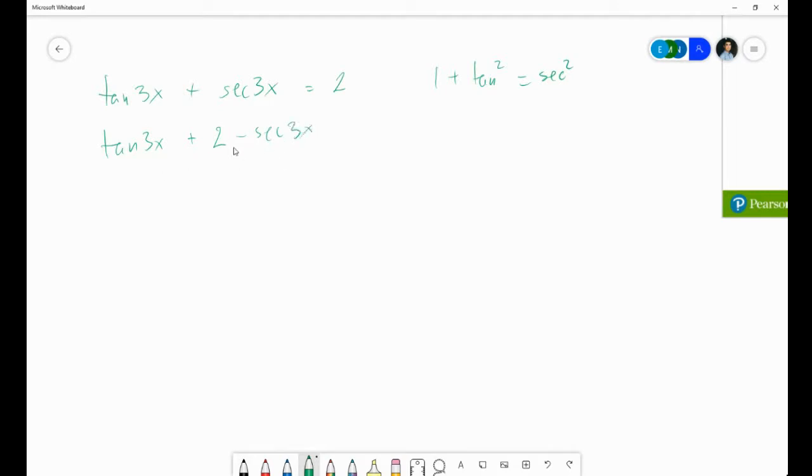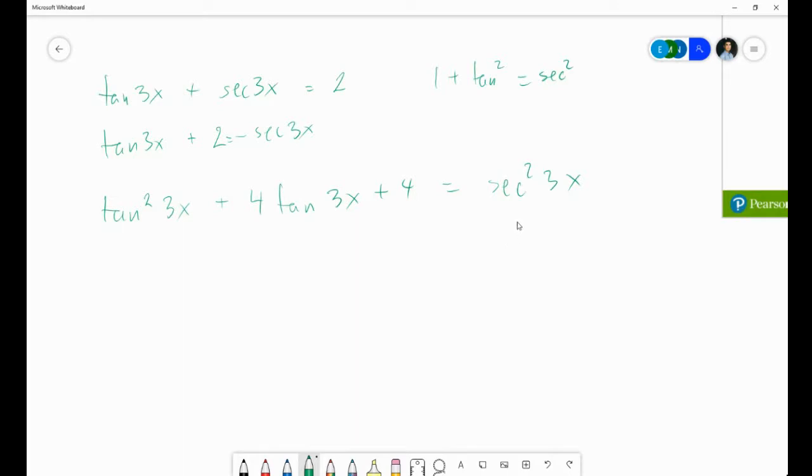And now we can square both sides. So this becomes tangent squared 3x plus 4 tangent 3x plus 4 equals secant squared 3x.